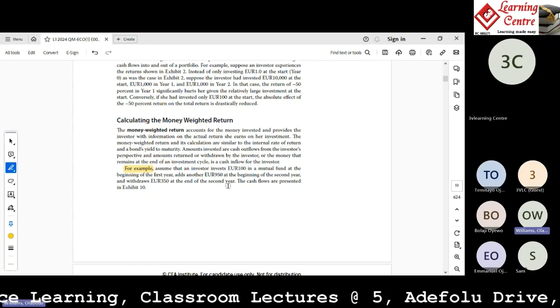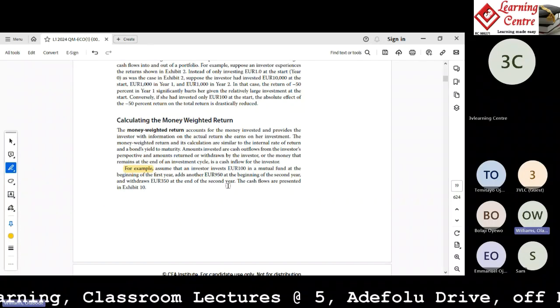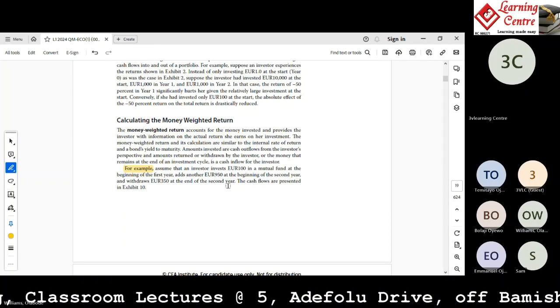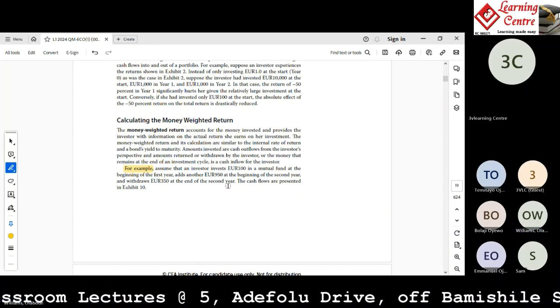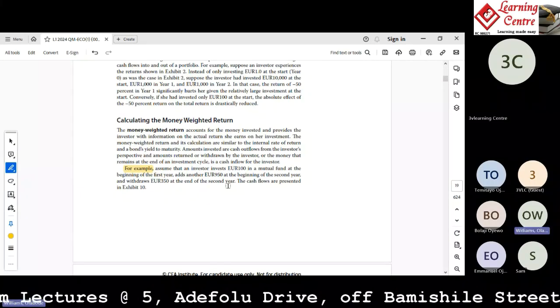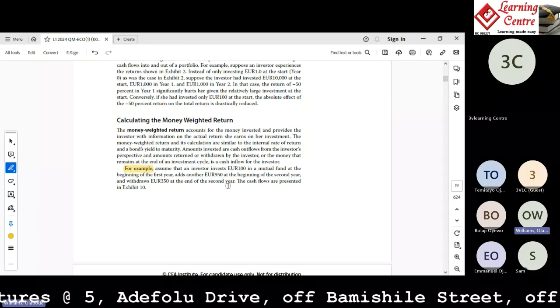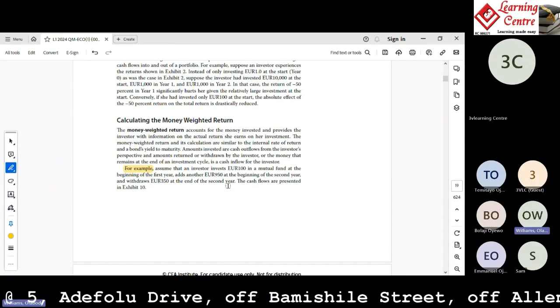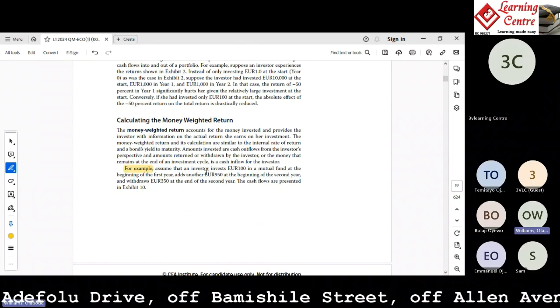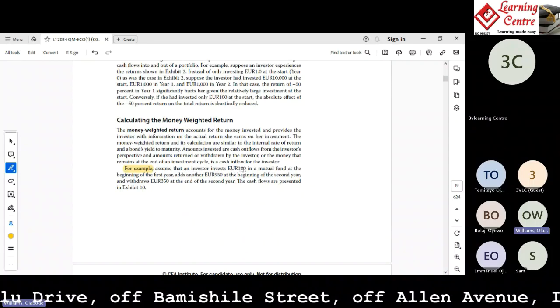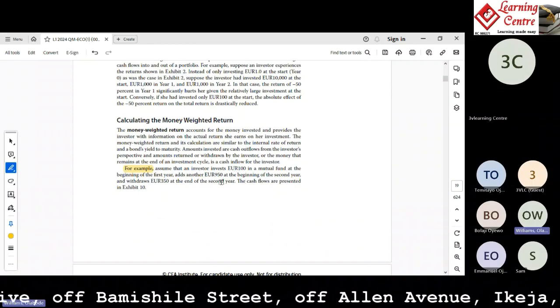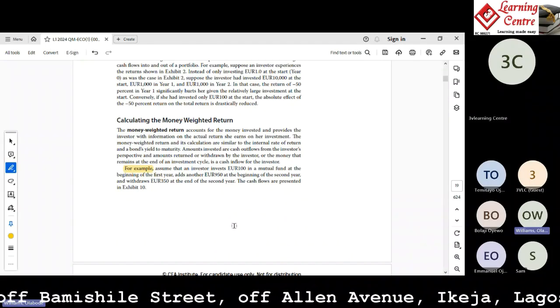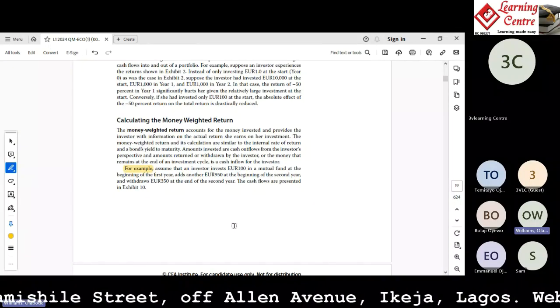It is always period 0 because nothing has happened at that point. Subsequent periods can then have value. So in our example, assume an investor invests 100 euro. This is indexed at 0. That's always the time an investment starts, period 0.